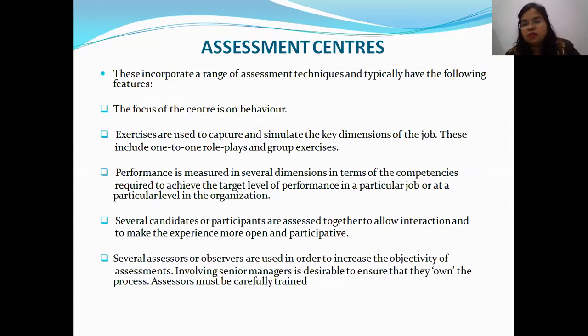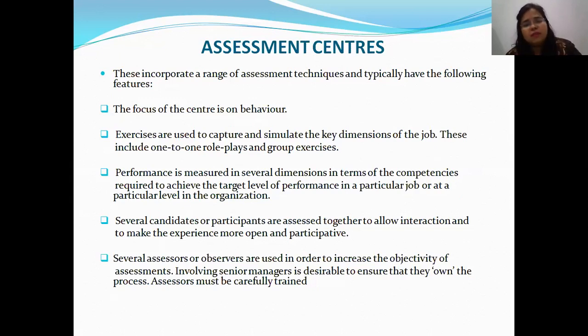First is that the focus of the center is on behavior. As I told you, the behavior of the candidate is assessed. Exercises are used, like different types of exercises and different kinds of tools such as role play and group exercises, used to judge the candidate at the individual level as well as at the group level.